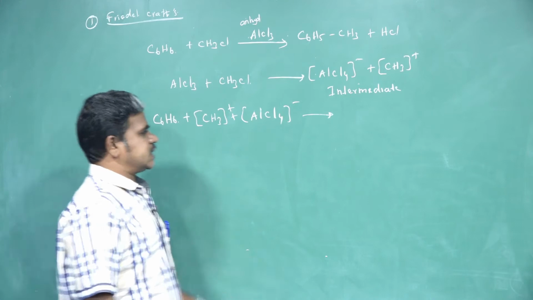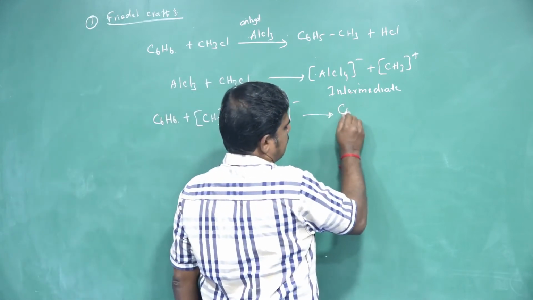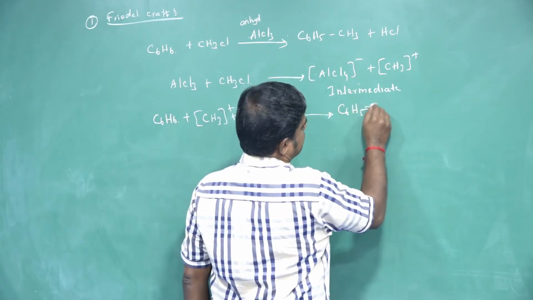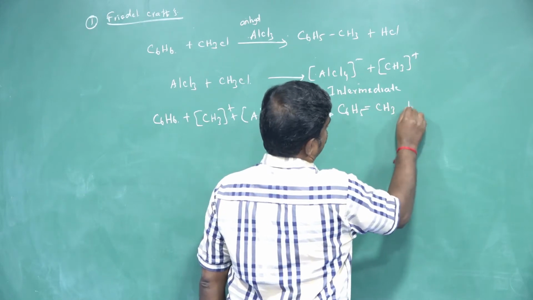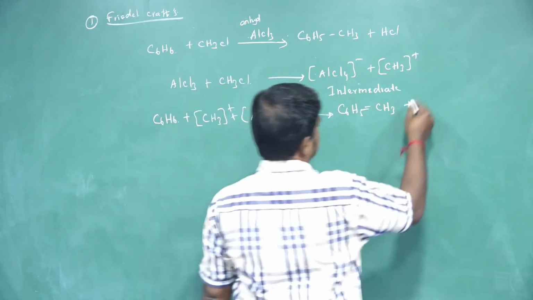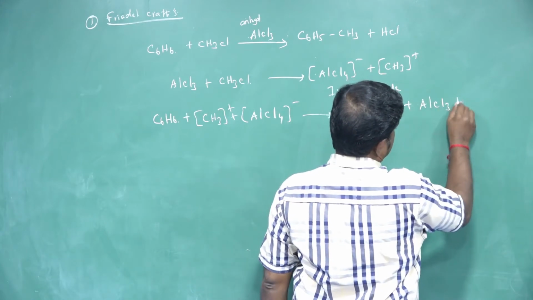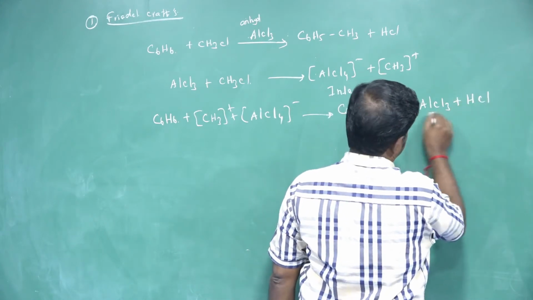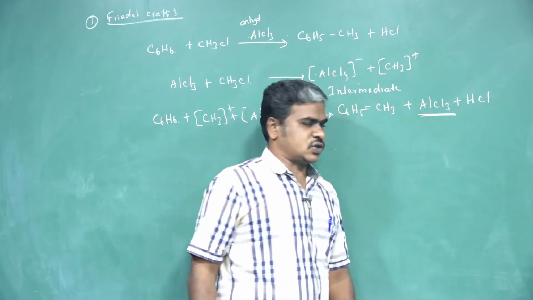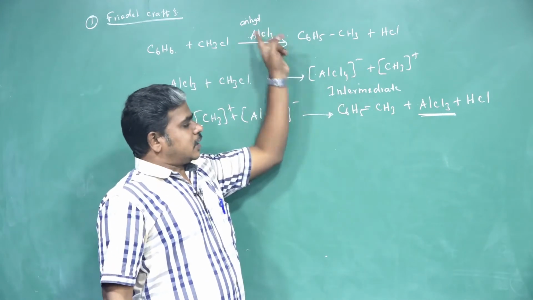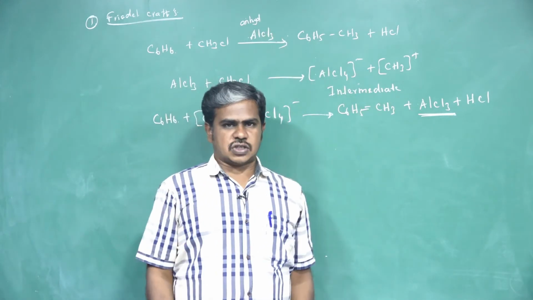What is that? C6H5CH3, toluene, and AlCl3 and HCl. So at the end of the reaction, the catalyst remains unchanged.